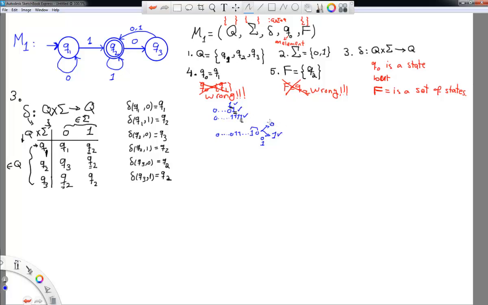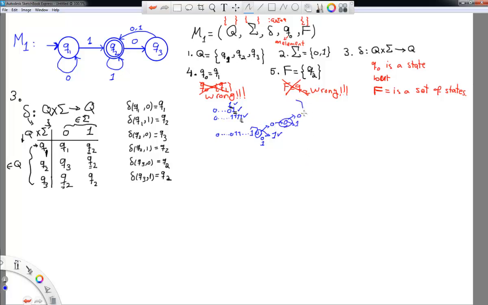Now, if you see a 0 and you're back in Q sub 2, and you keep seeing 1s, you're going to accept. However, if you see another 0, then you pop out of your accept state, only to come back to your accept state if you see another 0 or a 1. So if you notice here, the only time that you pop out of your accept state is if you see an odd number of zeros after the last 1, right?